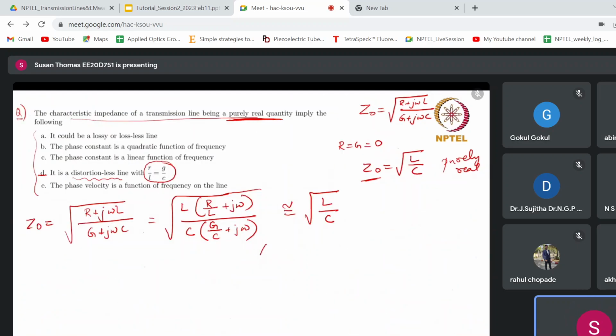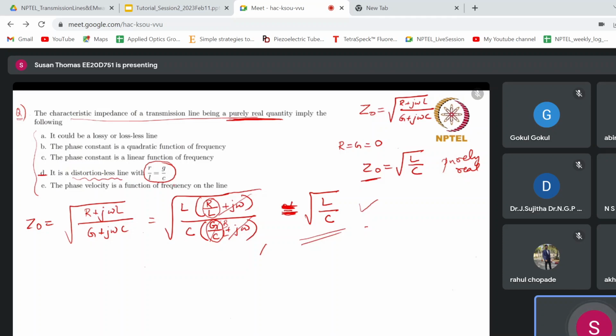When R by L is equal to G by C, this and this get cancelled and your answer becomes root of L by C. It's not an approximation. So in that condition, the characteristic impedance is purely real.